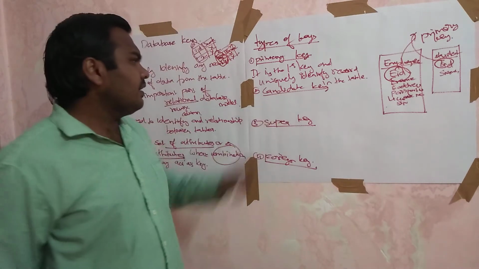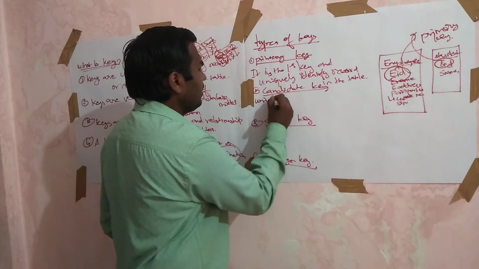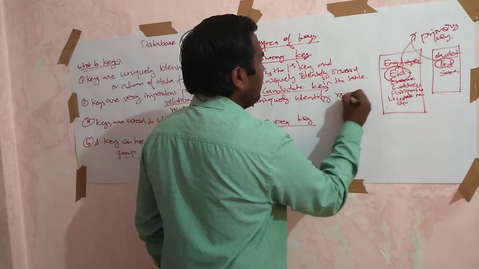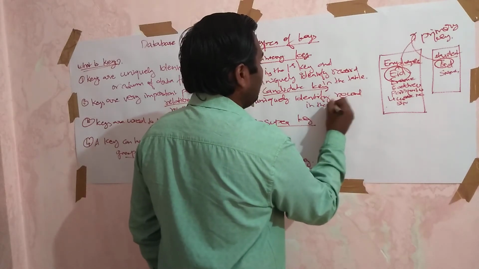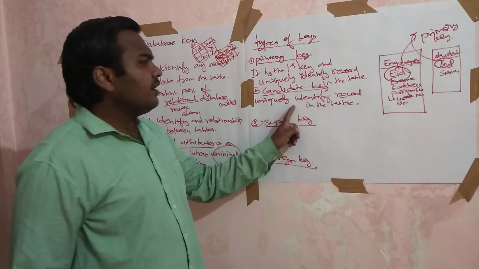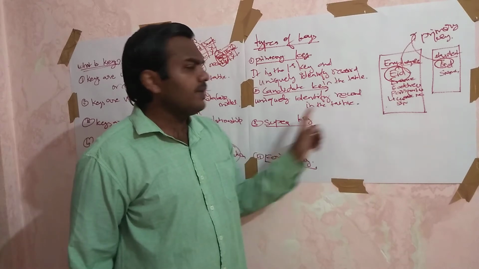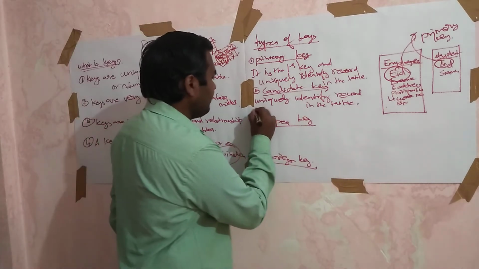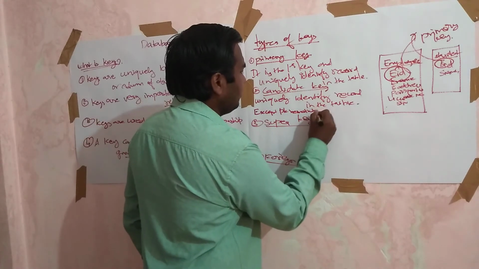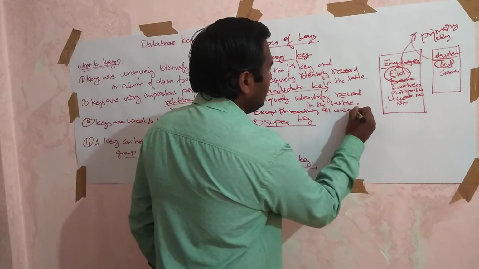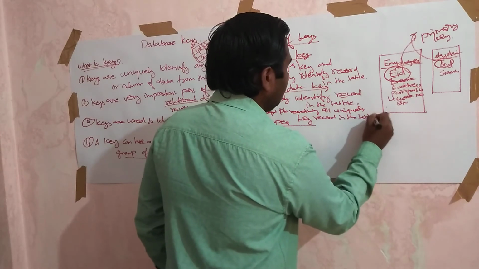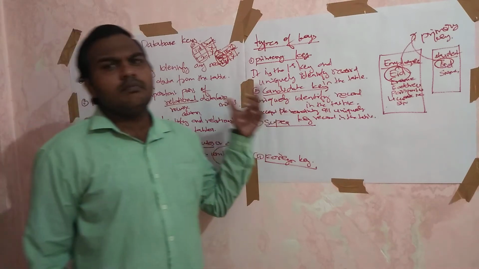Second point, candidate key. It also uniquely identifies a record in the table. Except for the primary key, all the remaining uniquely identifying keys in the table are candidate keys.